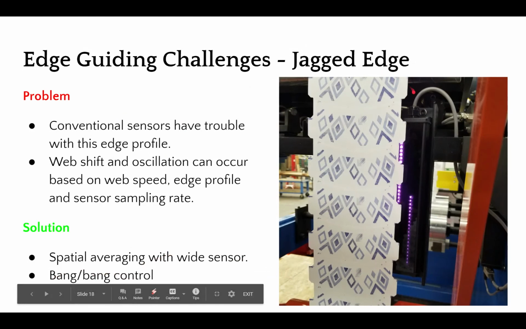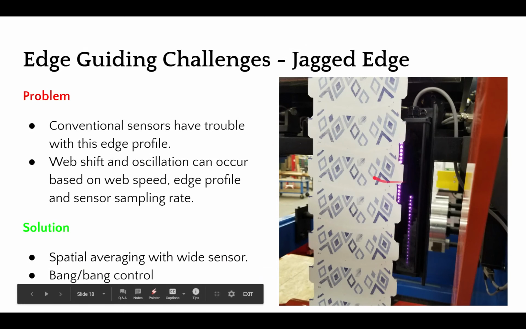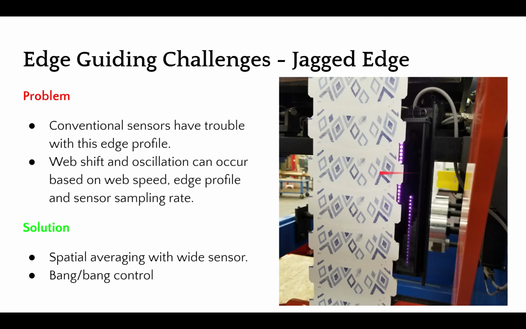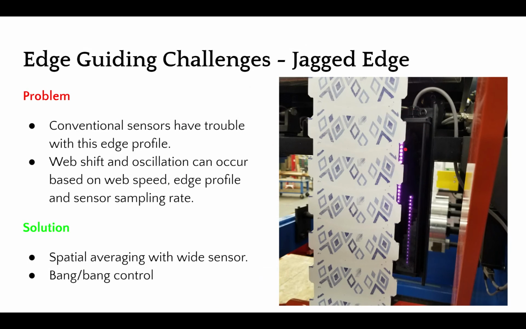This is an example where you have this web that is kind of serrated, and typically we would install the sensor along the cross machine direction of the web. But in this case, we wanted to take advantage of the way the sensor measures the edge position and the offset within the sensor.